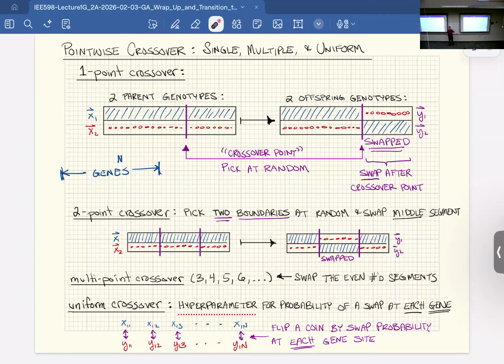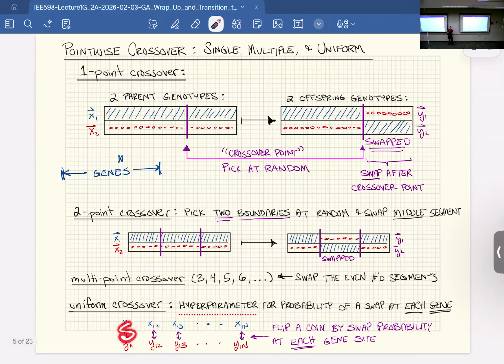So you've got 2 parents, and you walk down through every gene of every parent, and you say, for these 2, do we keep them in the current order, or do we swap? So you could say, we're going to swap this one, keep these the same, swap this one, keep these the same, and so on. And then you can shuffle all of those mappings. So those are our point-wise crossover operators.